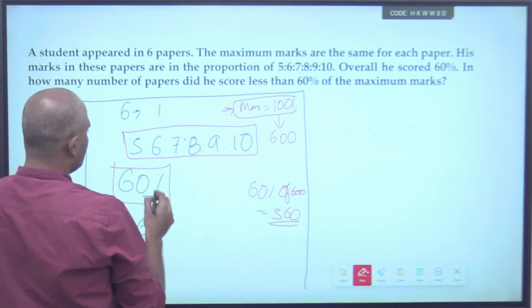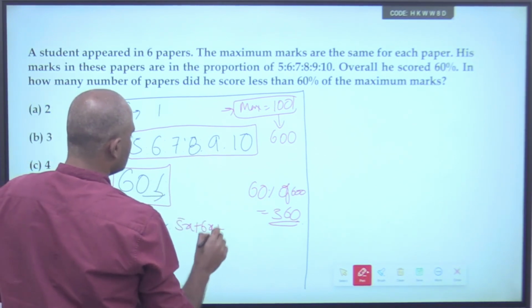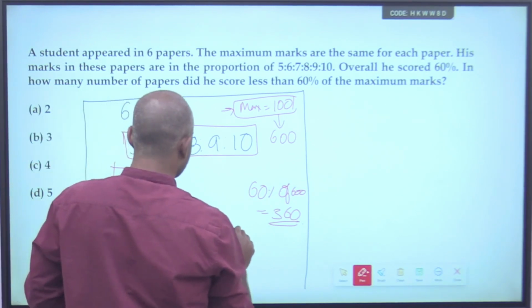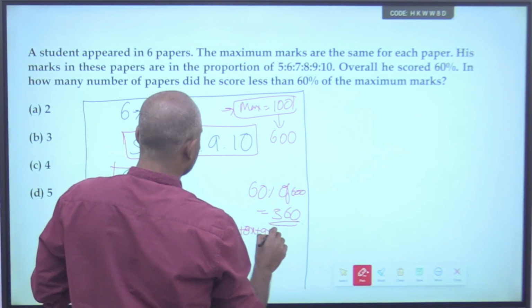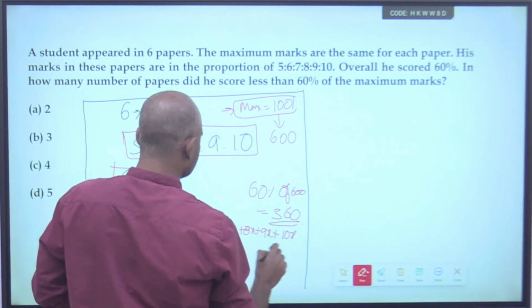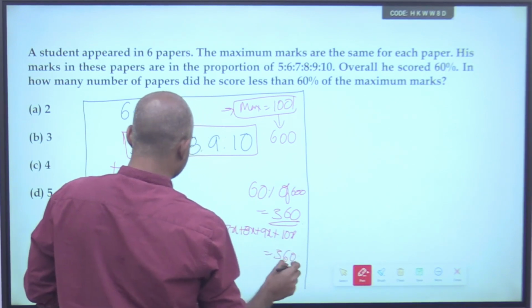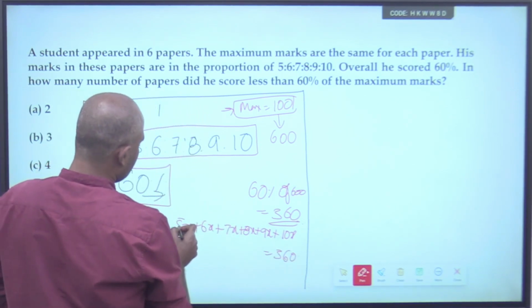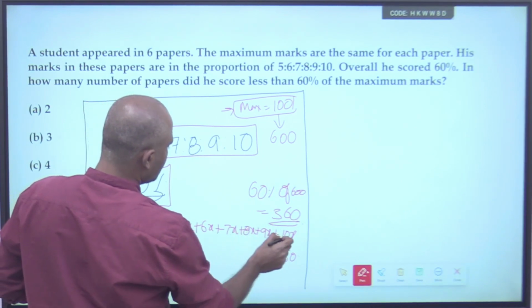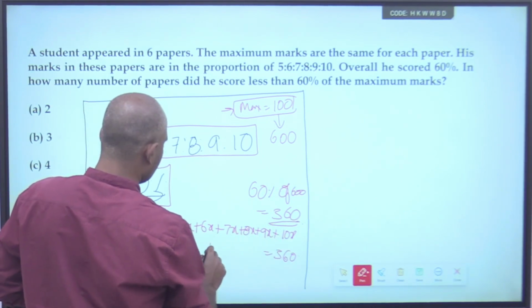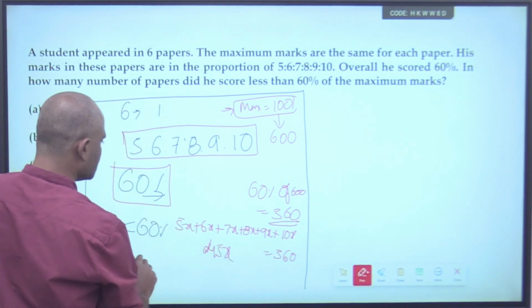So, since it is a ratio, 5x plus 6x plus 7x plus 8x plus 9x plus 10x is equal to 360. If you do the calculation, 11, 18, 26, 36 plus 9, 45x.